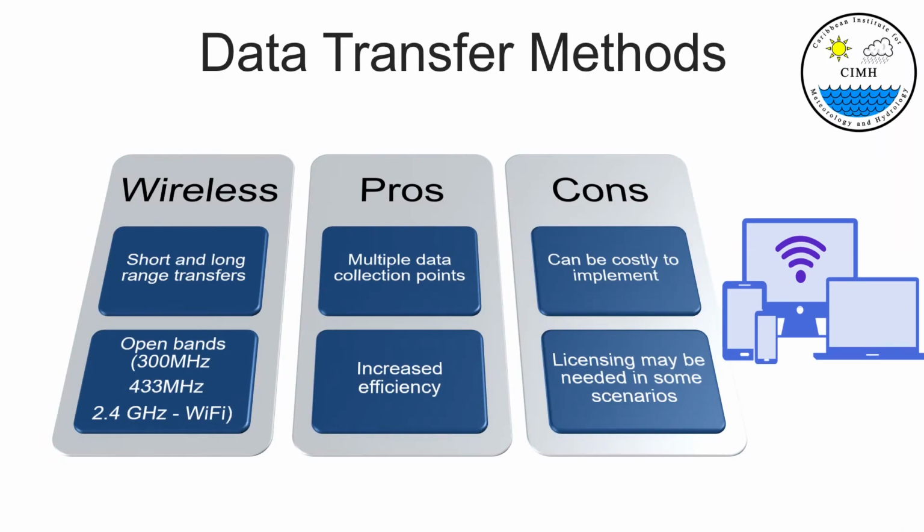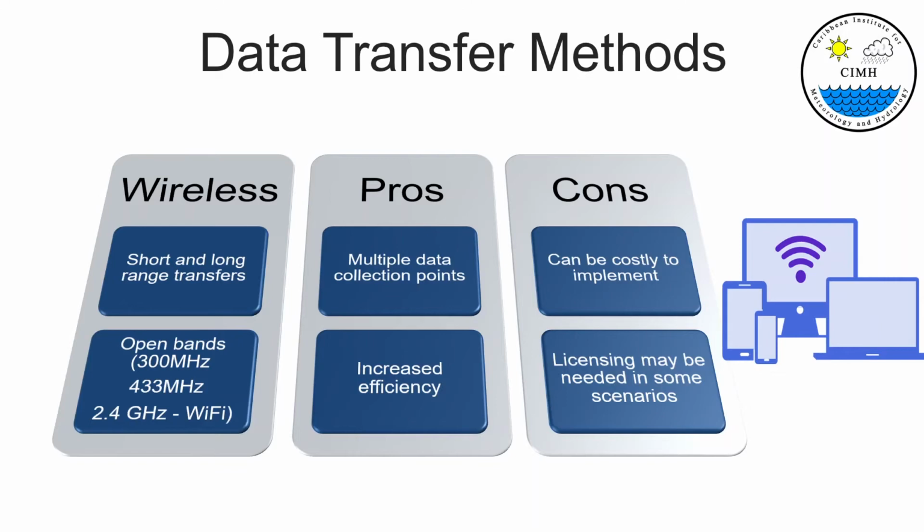Wireless. With the advancement in technologies, short and long range transfers are now possible. Manufacturers making use of open band frequencies for off-the-shelf solutions, for example 300 MHz, 433 MHz, or 2.4 GHz.